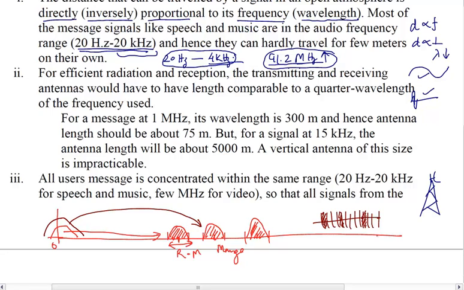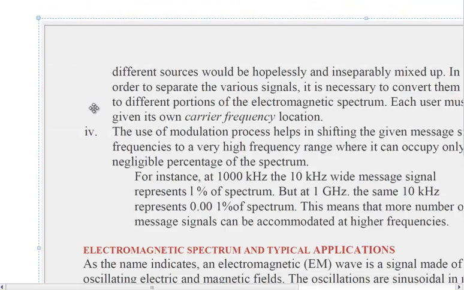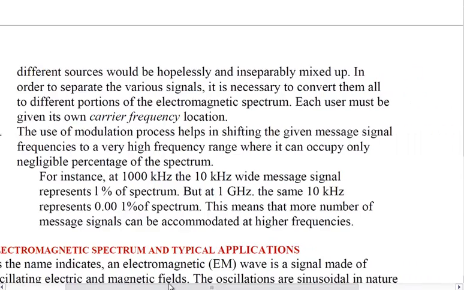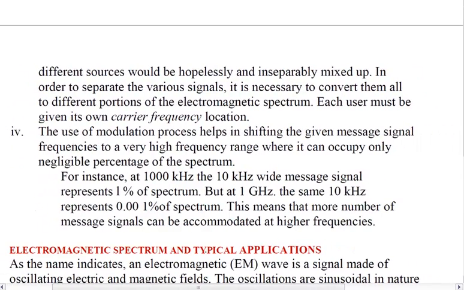That is the third reason for modulation. Okay, what is the last reason? Let me look at the last reason. The last reason is because as you go up in frequency, see, if I am having a radio which operates at 1 megahertz, then it may have, let's say, 10 channels which can be occupied.